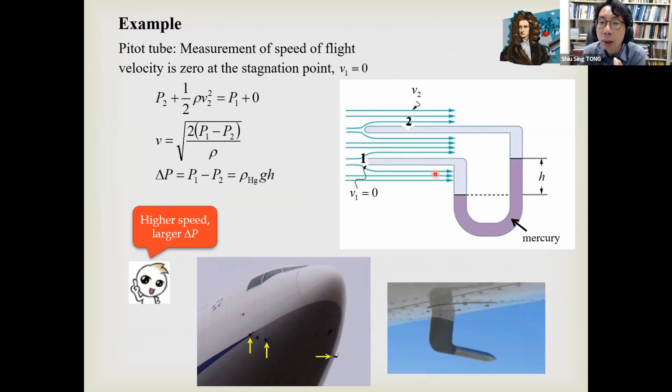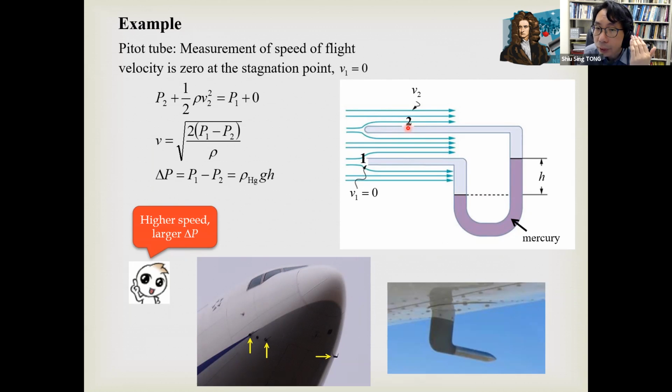Now, how about the other side? The other side does not have the opening at the end, but the opening is on one side of the tube. So when the air passes, it has a velocity v2. The velocity v on this side is not zero.